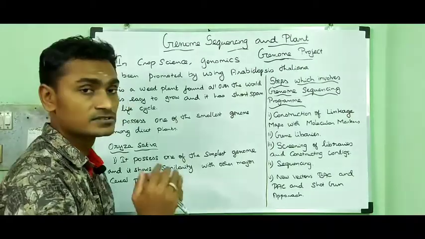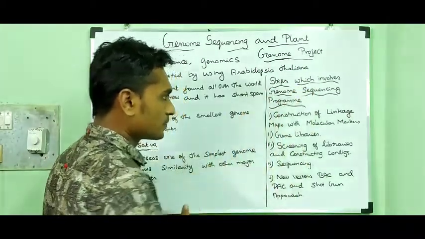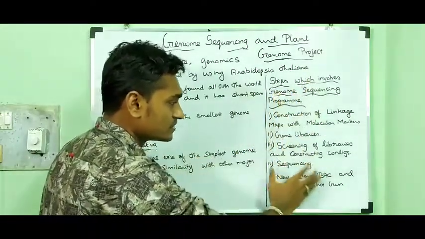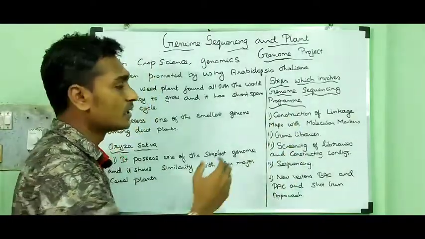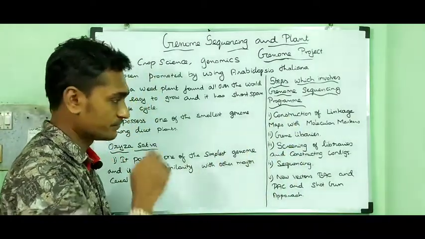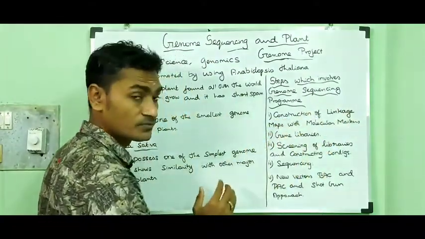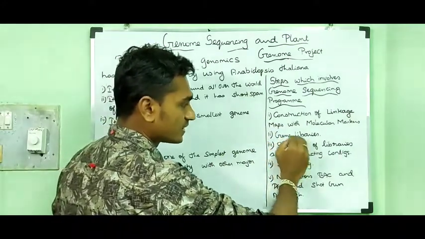Then I am going to tell you the steps which are involved in genome sequencing program. I am not going to explain all the steps. The steps are not important, but I give you additional information. So the first step, construction of linkage map with molecular markers. Then second step, gene libraries.